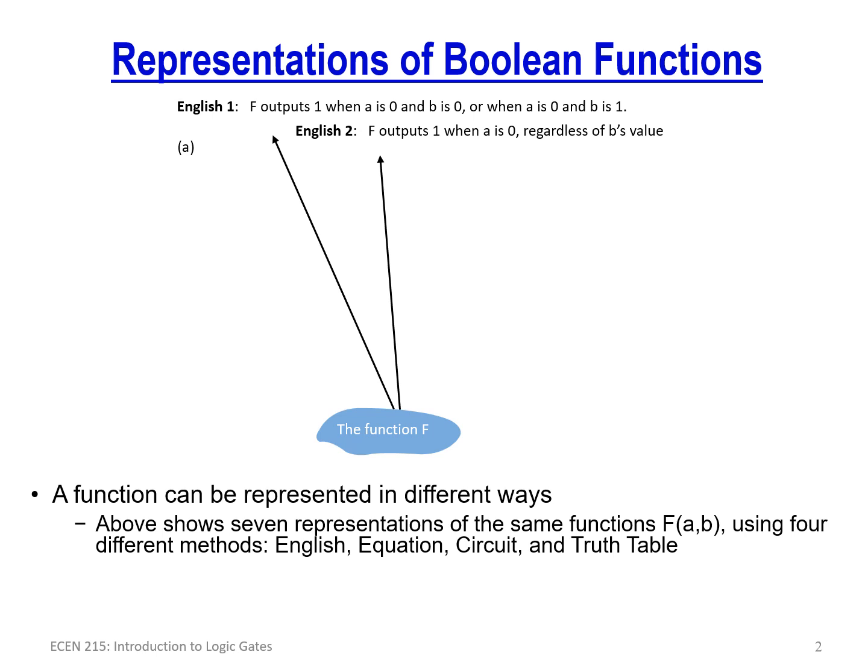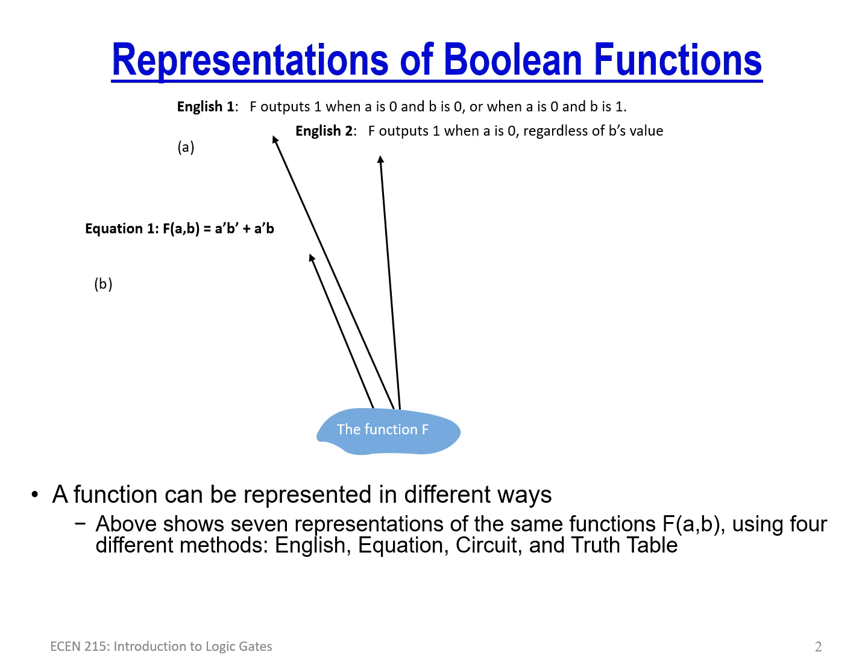Then we can re-represent this. F outputs 1 when A is equal to 0, regardless of B's values. In other words, we've transformed this a little bit and cleaned it up and reduced it into a new form.